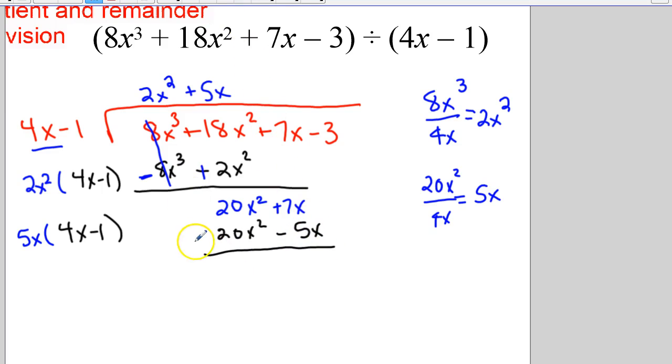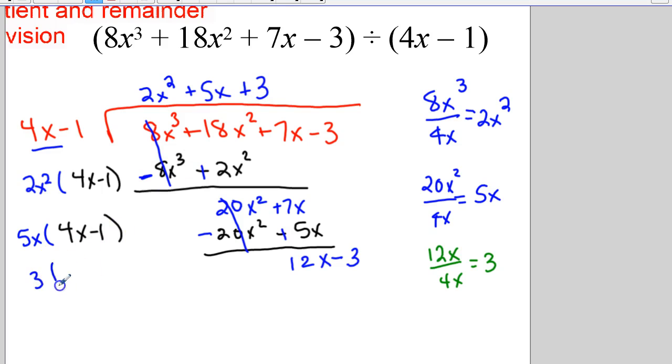So we have to change our signs. Positive becomes negative, negative becomes positive. That goes to 0. I now get 12x minus 3. So my last piece, I'm going to take 4x and see what 12x divided by 4x is. Well, that's the number 3. So that's what I'm going to write up top, is that 3.